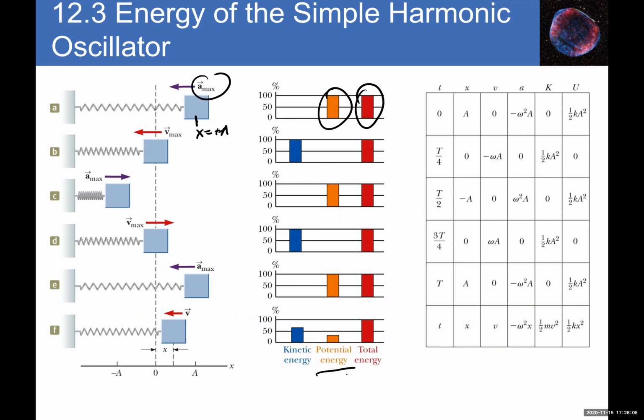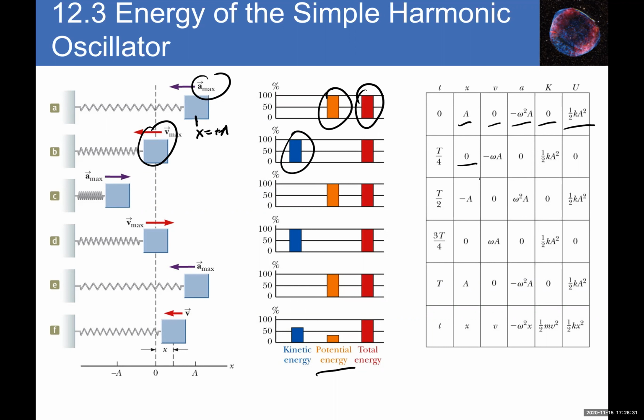So this chart pretty much gives you everything. At x equals a, speed is 0, acceleration is negative omega squared a because it's maximum acceleration, no kinetic energy, and potential energy is maximum.